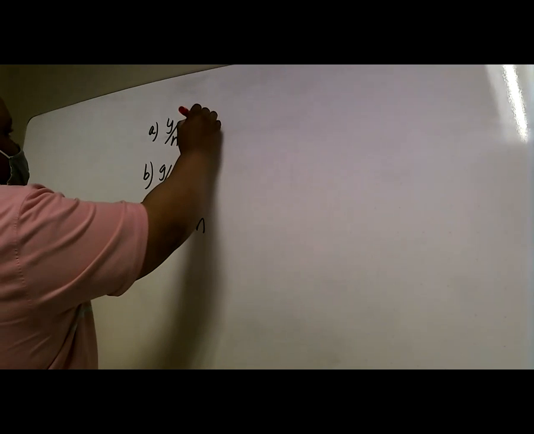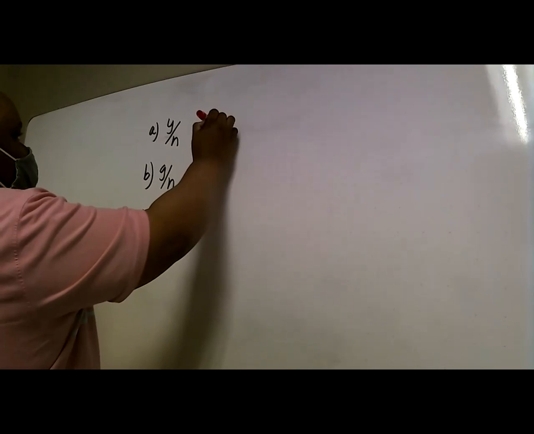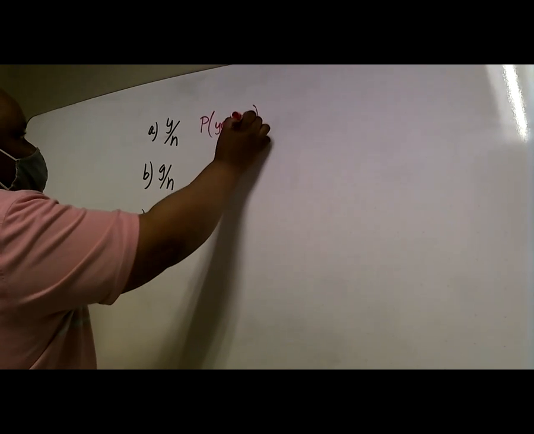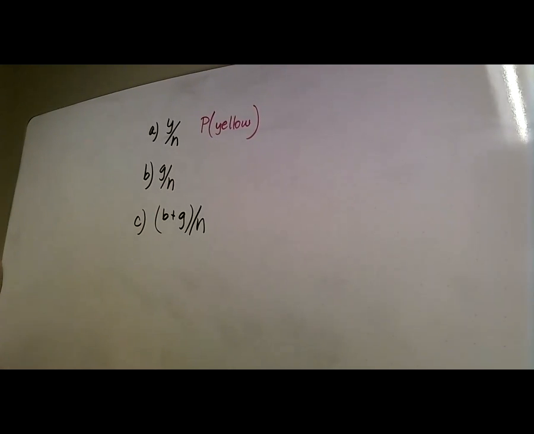This represents the probability of selecting a yellow marble. Okay, that's basically what they were looking for in this case. Questions on part A.